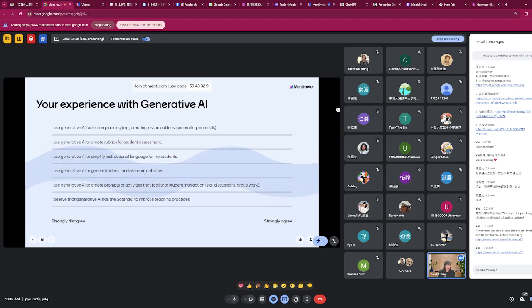That's also my focus for today. I use generative AI for ideas for my classroom activities. If you're teaching your students to use generative AI, you could also put a strongly agree. Create prompts and activities that facilitate student interaction.